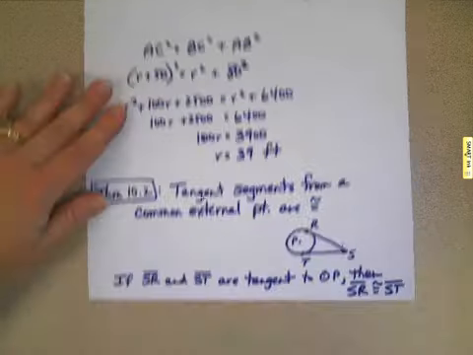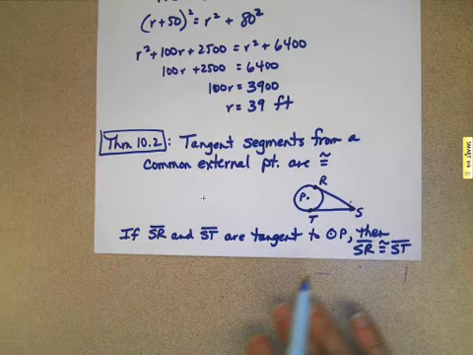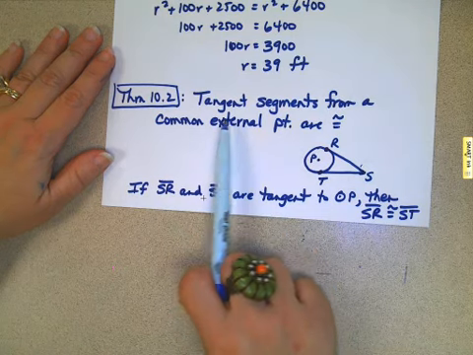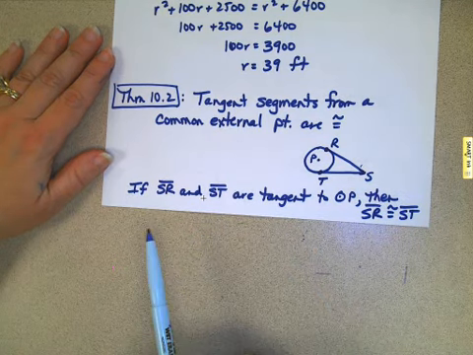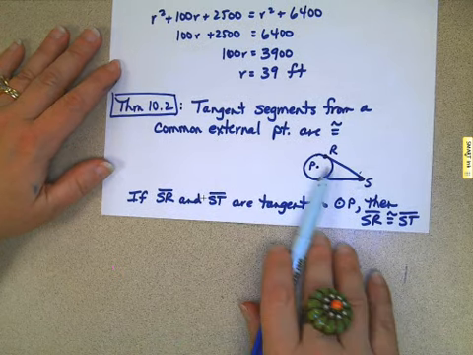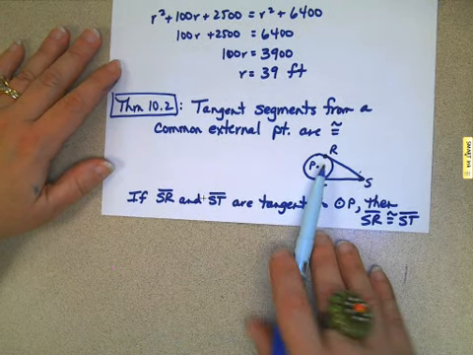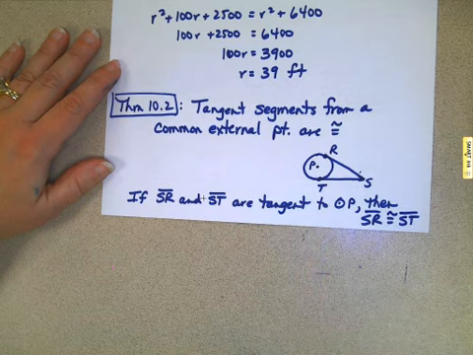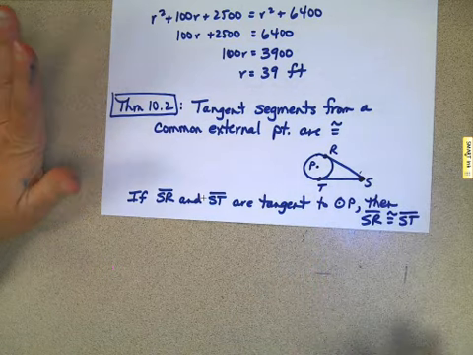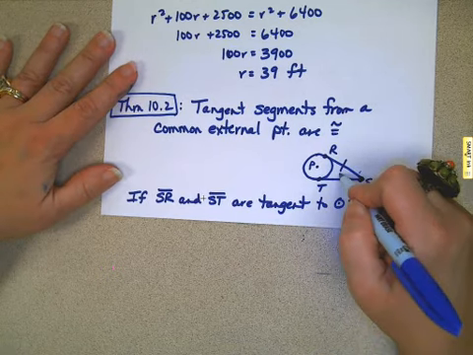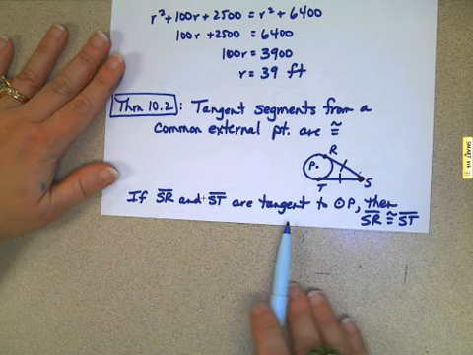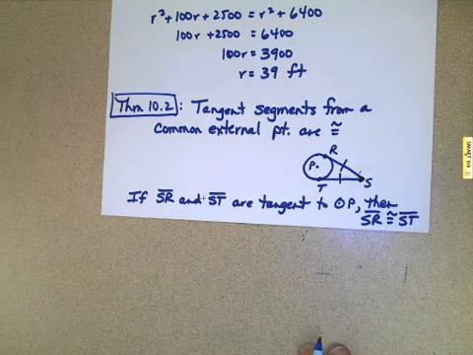Okay? All right, so the last thing that we have to talk about is another theorem. This theorem says that tangent segments from a common external point are congruent. This is really helpful. What they're saying is if you know that SR is a tangent, and you know that ST is a tangent, and you can clearly see that they are touching both at point S, we know that SR is congruent to ST. So if SR and ST are tangent to circle P, then those two are congruent.